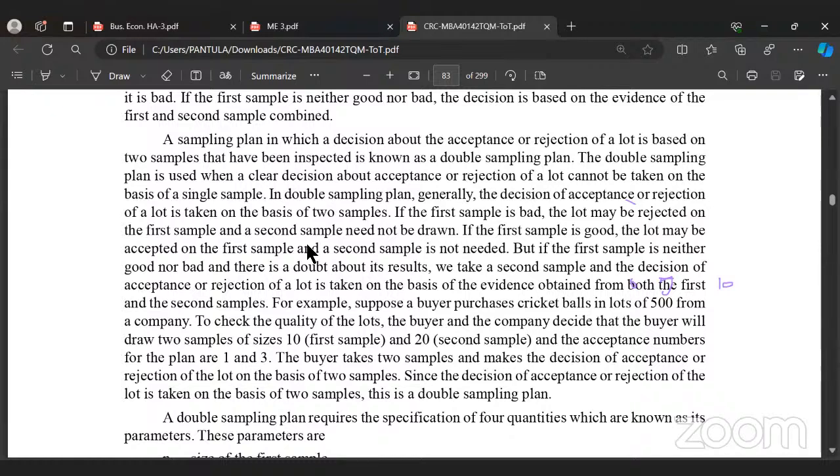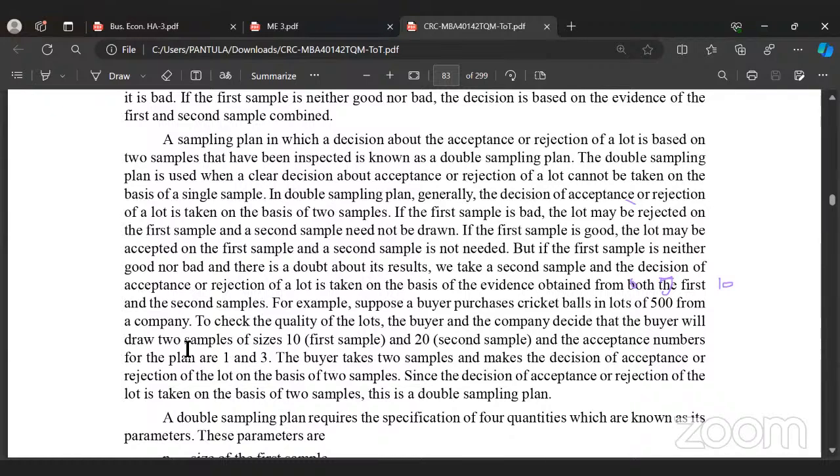We test it, and the quality manager is not satisfied with that sample. In a manufacturing company, they will go with a second sample, maybe of equal size or increased size. It's up to their wish.